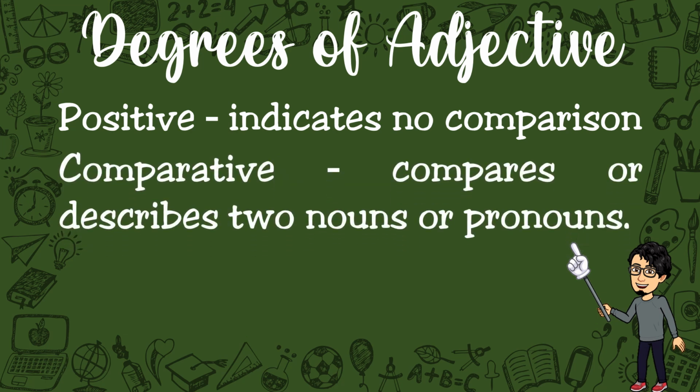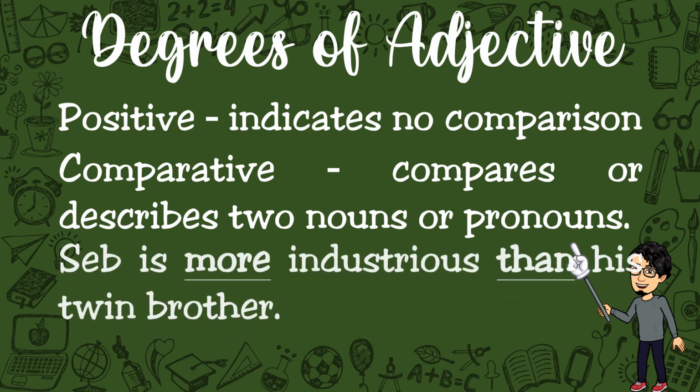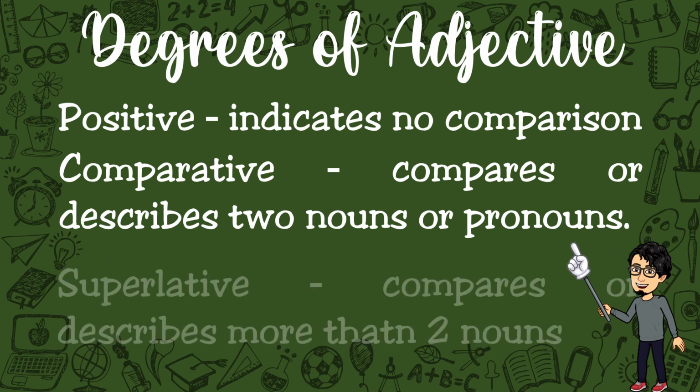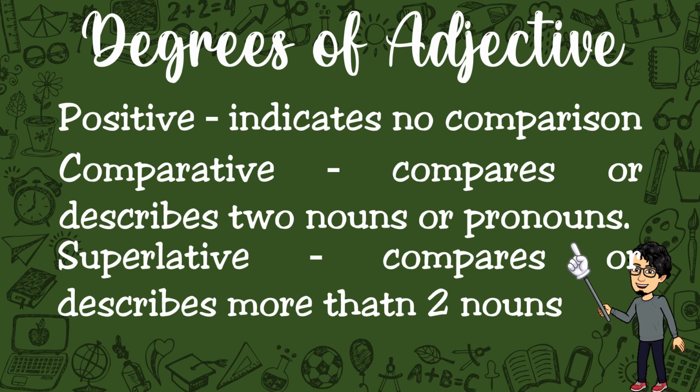Second one, comparative, compares or describes two nouns or pronouns. It is formed by adding er or by using more before the adjective and than after the adjective. For example, Seb is more industrious than his twin brother. Superlative compares or describes more than two nouns.